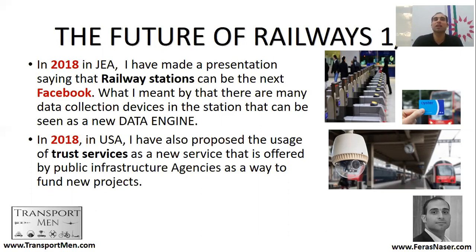And by trust services, I don't mean security services, I mean a kind of trust score where you can say this person is trustworthy, let's do business with him right away without the hassle of knowing him for 2, 3, 4, 5 years.